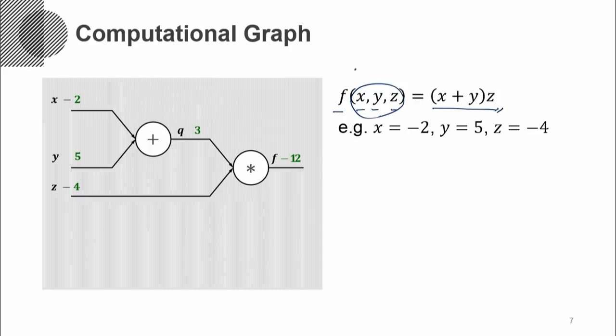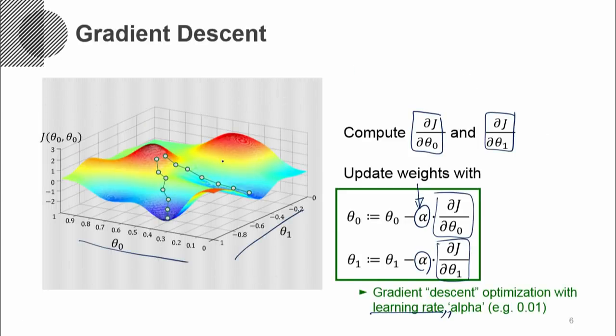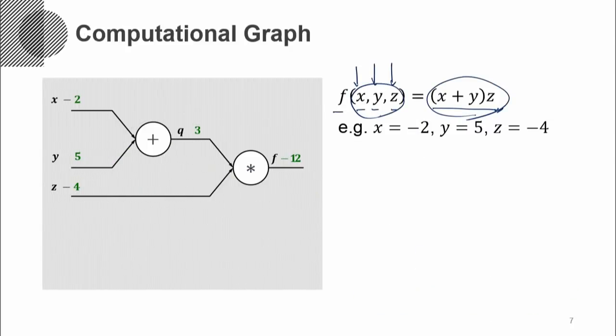So for each particular value of x, y, z, this function will generate a particular output, and that will correspond to some height on this function. So the only difference is that the input variable is now a three-dimensional vector. And let's start with this random position where x is -2 and y is 5 and z is -4.